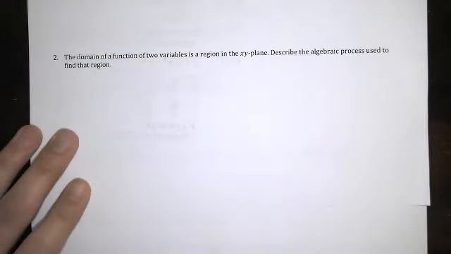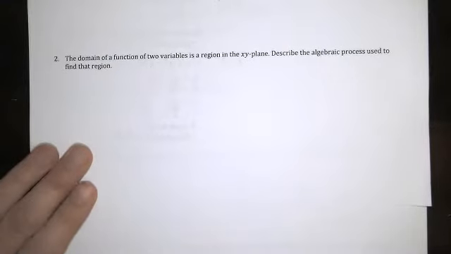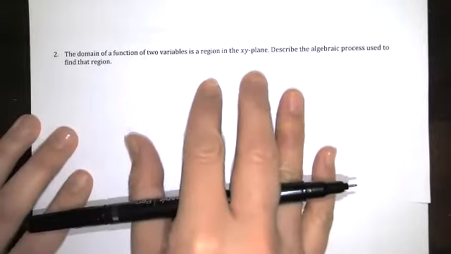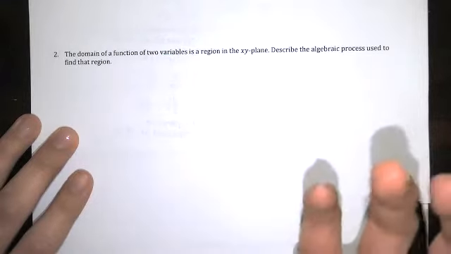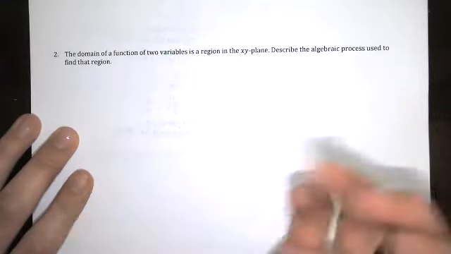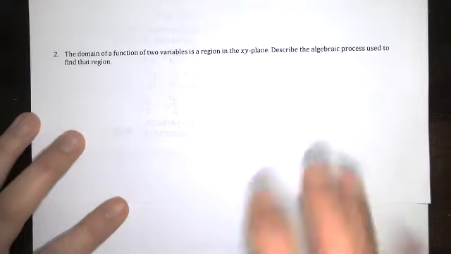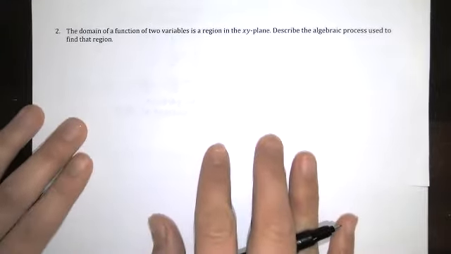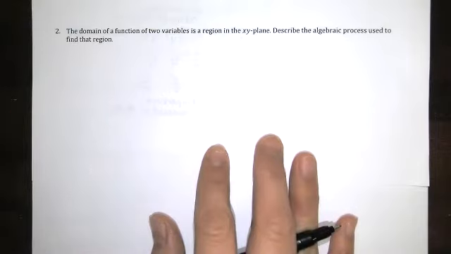This is the same algebraic process you've been using to find domains since pre-calculus. It's pretty simple. Domain is the set of input values that will give you output values that actually make sense in the real number system. That's the implied domain. In this class, if you are given a function that's given by an equation, its component parts are functions that you've already studied.